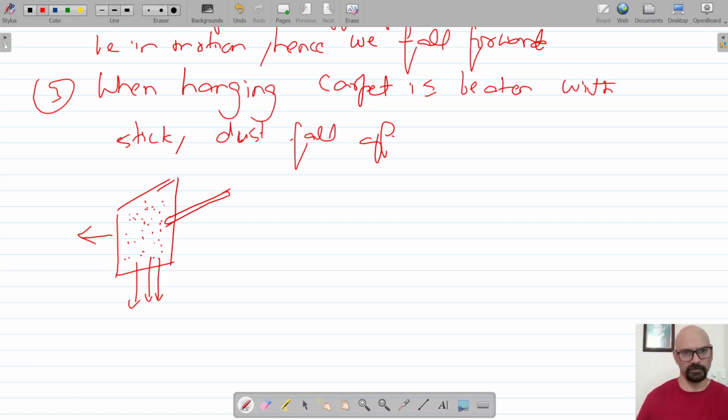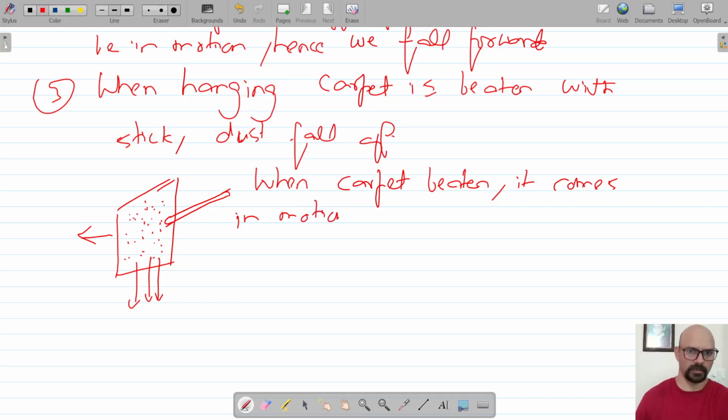So this is the reason: when the carpet is beaten, it comes in motion, but the particles are at rest because of inertia.